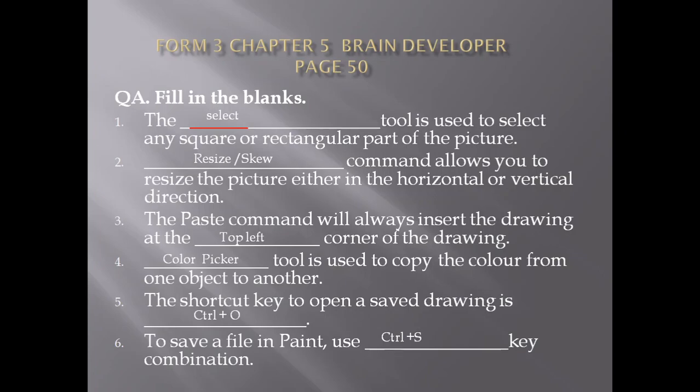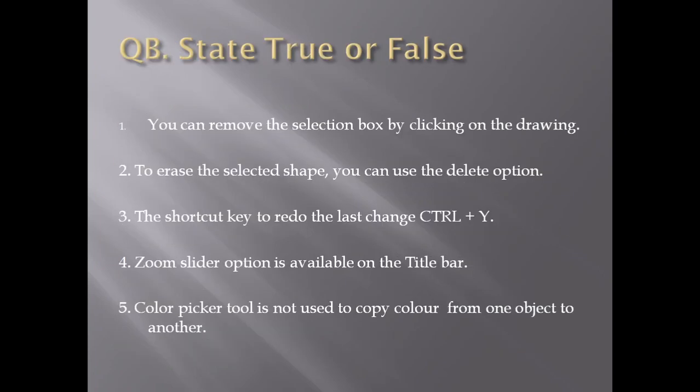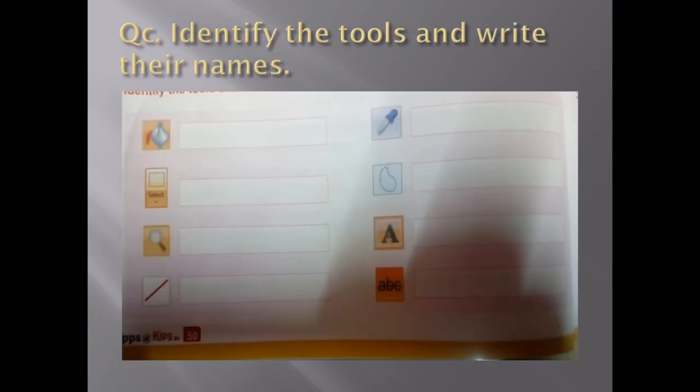Hope you have done. Then we have true or false. First one is false, true, true, false, false, right? I had explained each and every sentence last week in the video. If you find it difficult, you can watch the video.